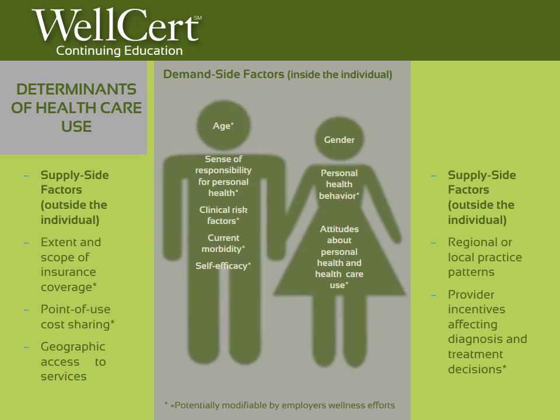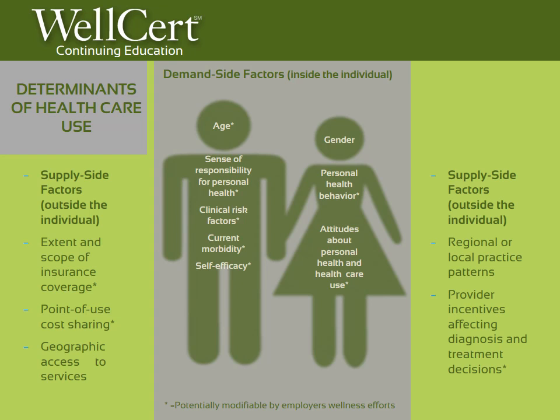Now, the areas we're going to be looking at in terms of demand side factors are, first of all, that the 2 most powerful predictors of healthcare utilization and cost are age and gender. Those 2 are very powerful. You'll notice that age has an asterisk on it, and it doesn't mean that we change people's birth certificates.